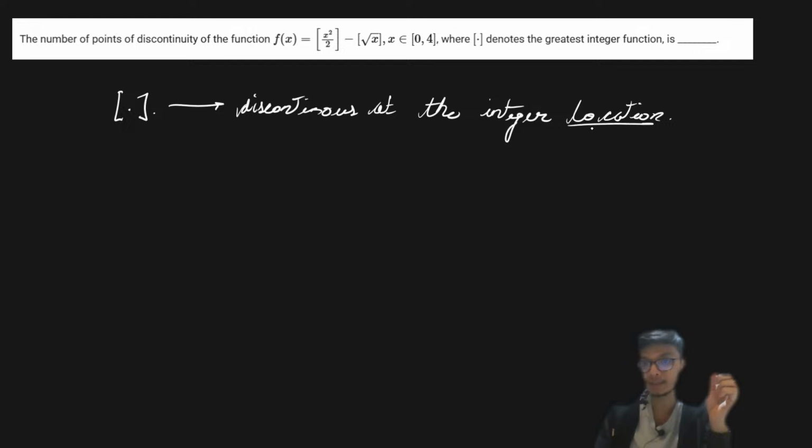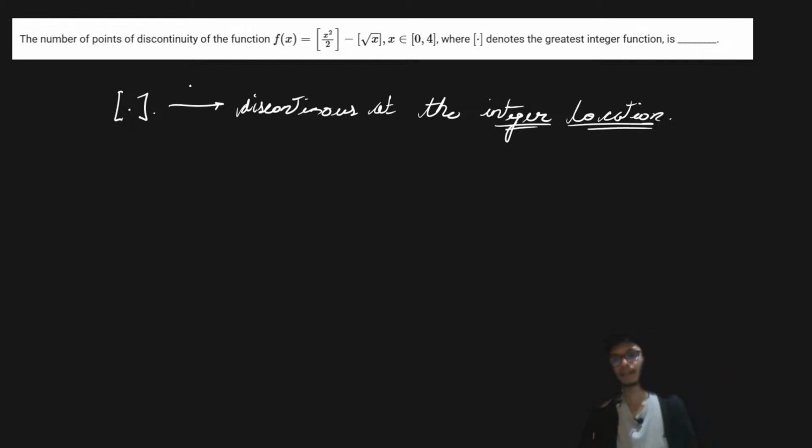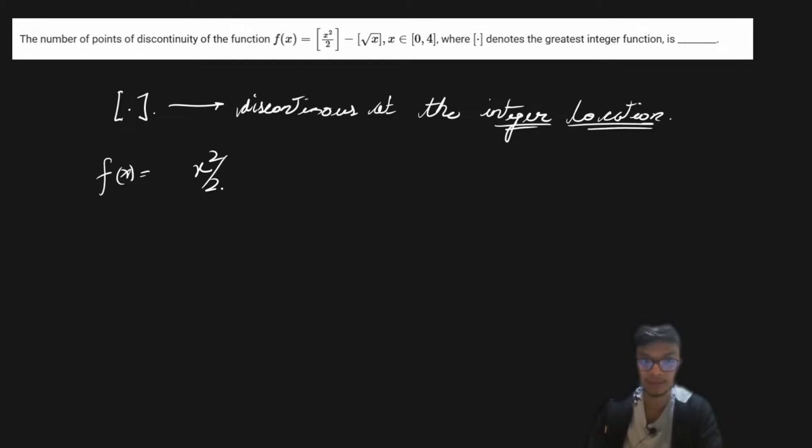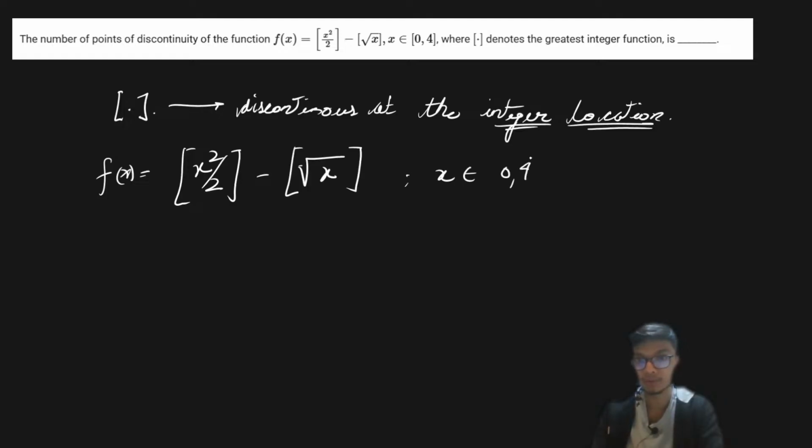Generally you will find that these types of greatest integer functions are discontinuous at the integer locations. So the function we have with us is f of x, given as the greatest integer of x square by 2 minus the greatest integer of square root of x, for x going from 0 to 4.